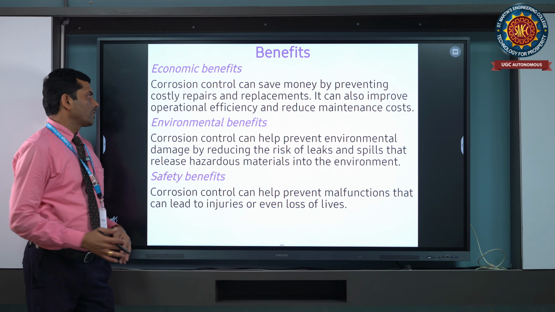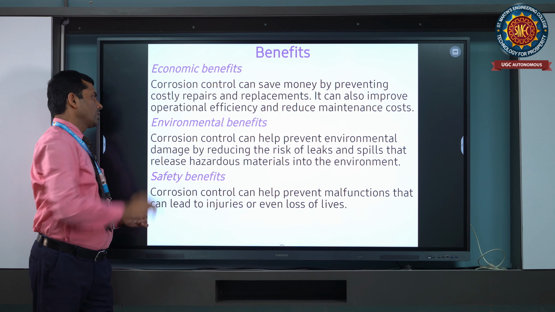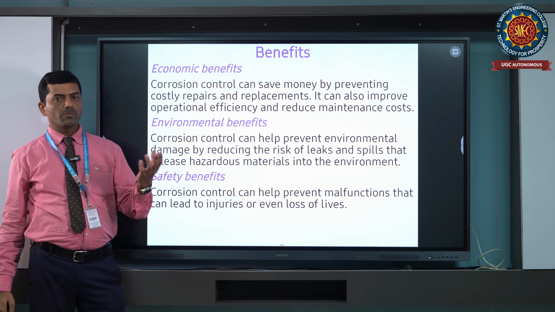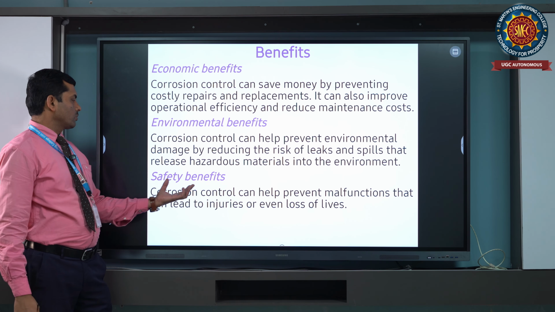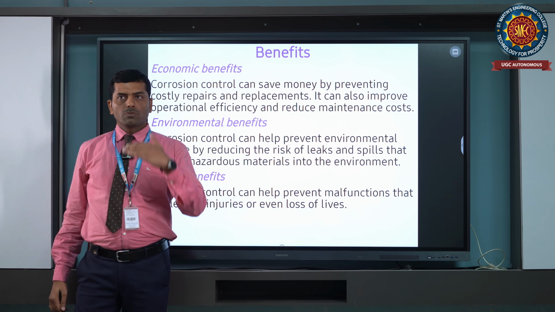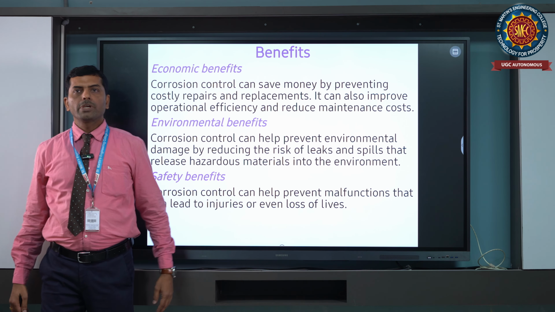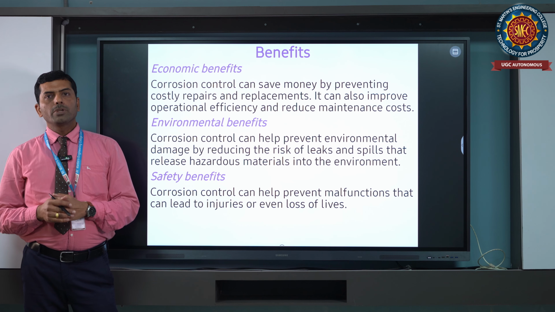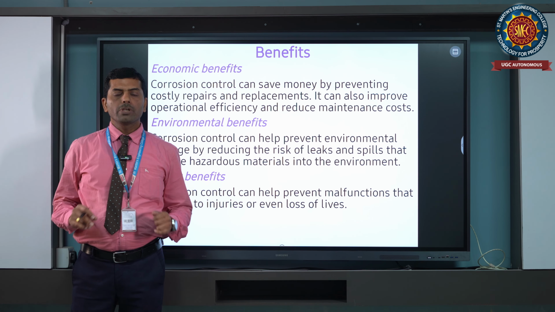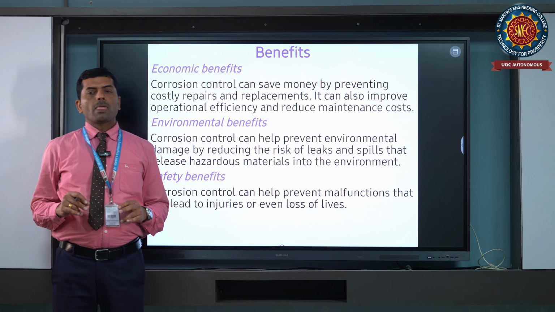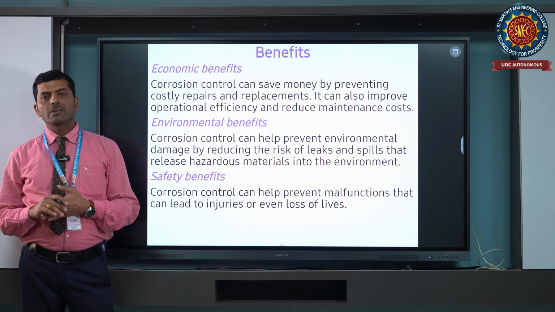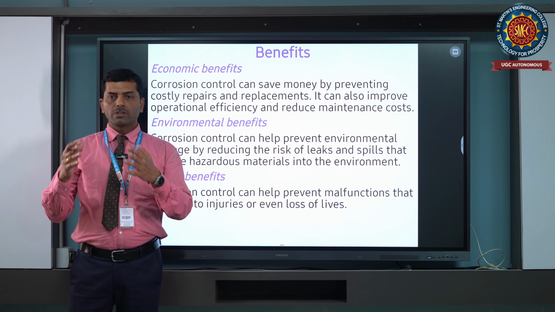So by different corrosion control methods, we have economic, environmental, and safety benefits. Scientists are developing, based on the corrosive environment, different types of methods employed in different infrastructures and industries.